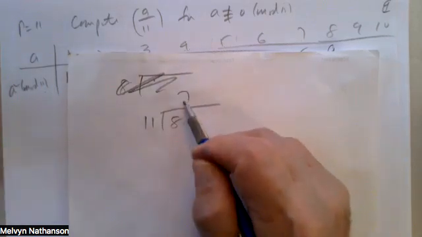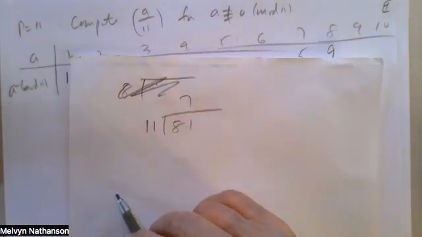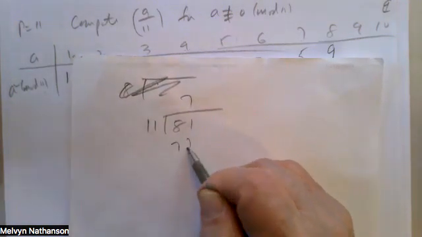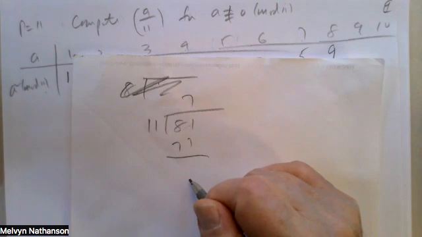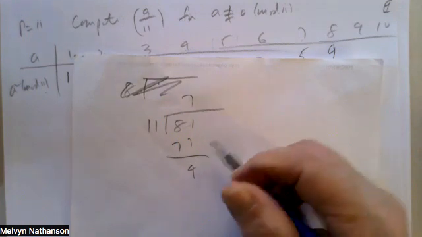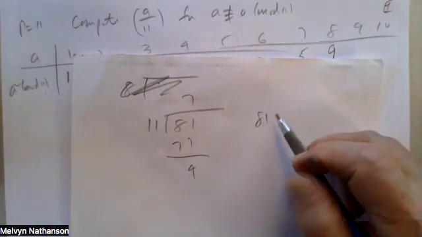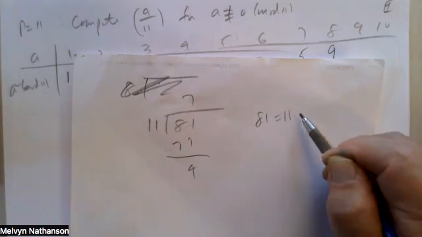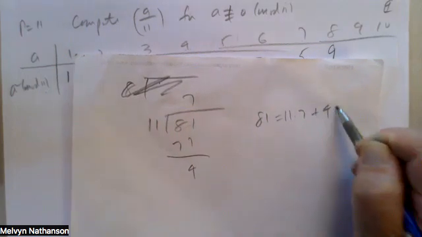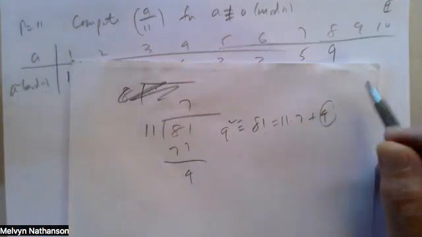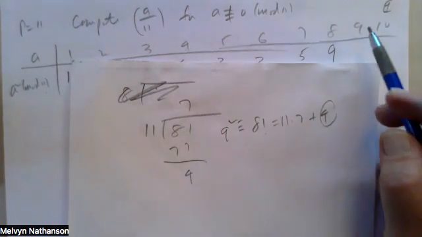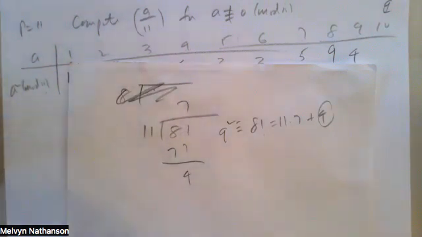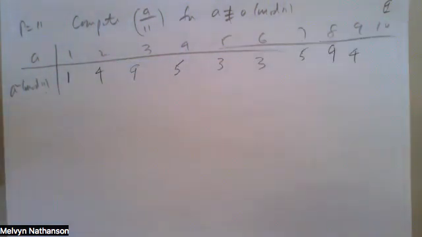What's 7 times 11? 77. What's the remainder? 4. So when you divide 81 by 11, this is 11 times 7 plus 4. And 9 squared is 81. So 9 squared is congruent to 4 mod 11. Okay, I see.